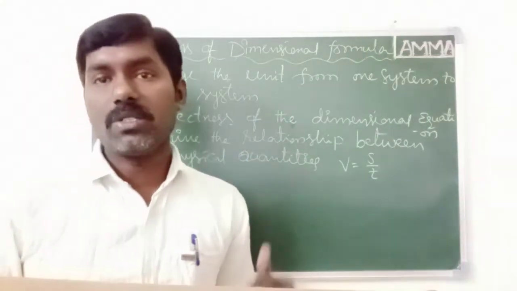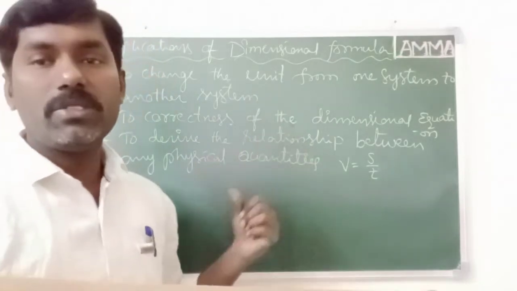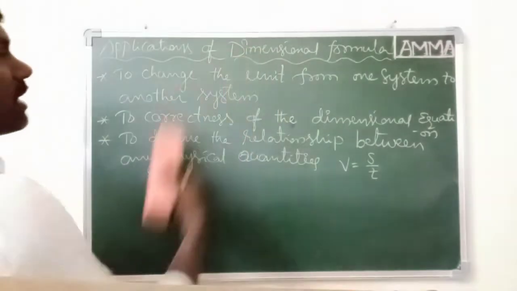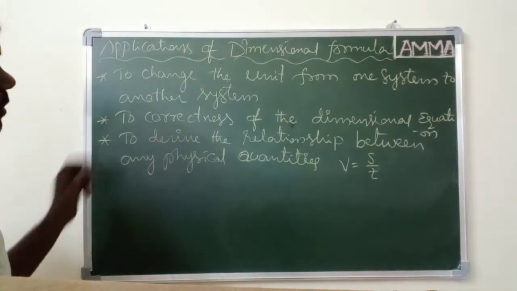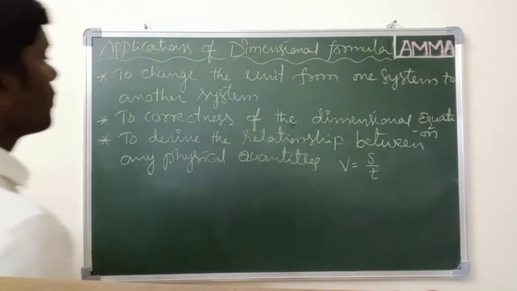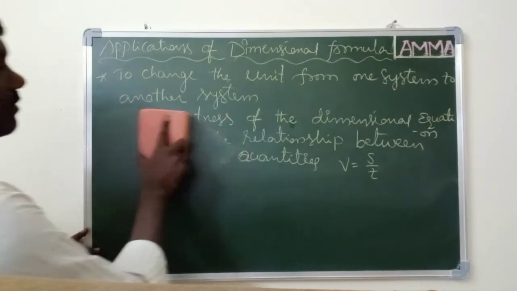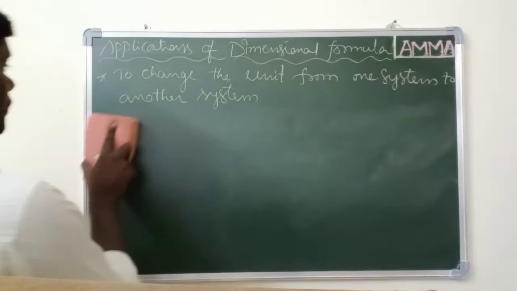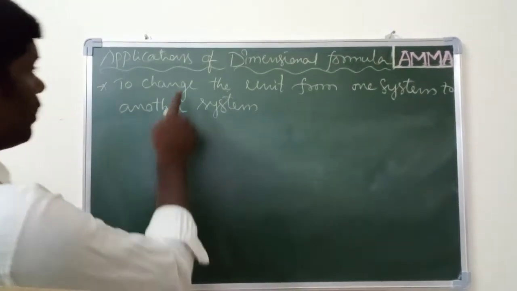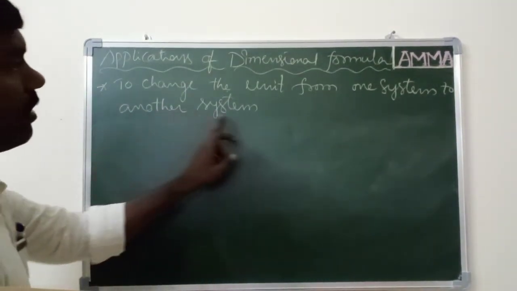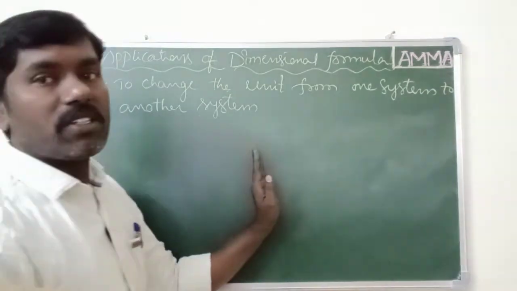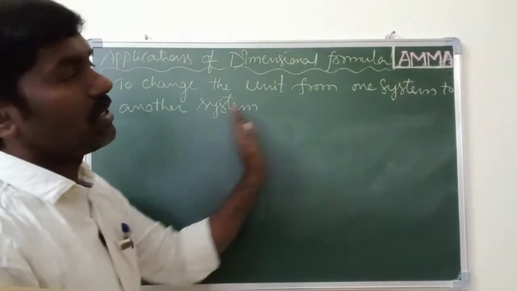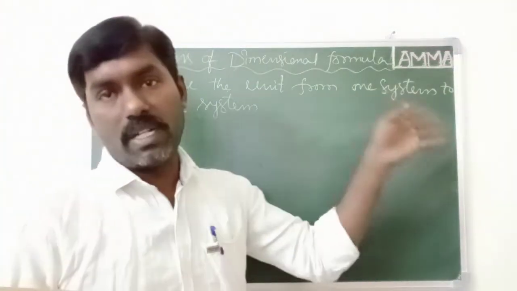Students, let us try to know each and everything by using a single example. First of all, let us try to know the first application of the dimensional formulas, that is to change the unit from one system to another system. In this case, our aim is to change the value of any physical quantity from one unit to another unit, from one system to another system.